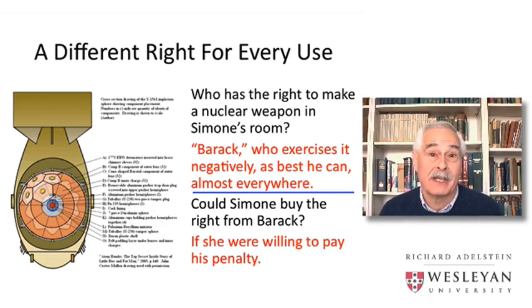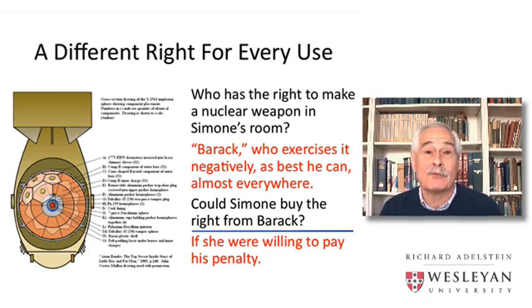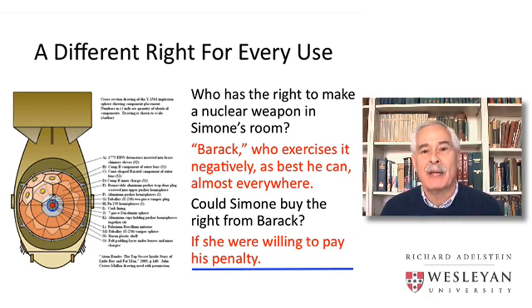So we'll ask again, could Simone buy the right from Barack? Well, yes, she could, in exactly the same way that she bought the right to nail posters into the wall from Mike and the right to use cocaine from Governor Dan, if she were willing to pay the penalty that Barack will impose upon her for building the nuclear weapon in her room.